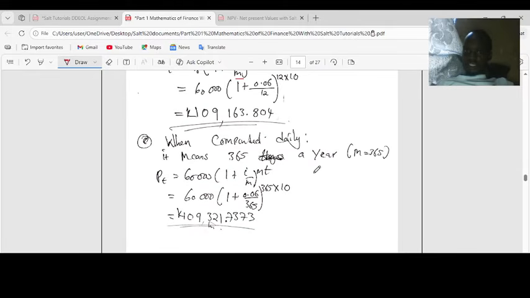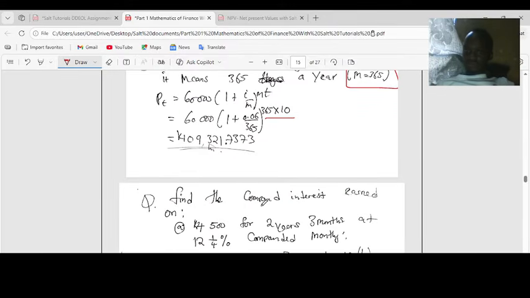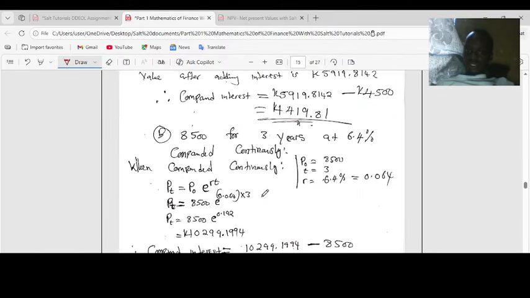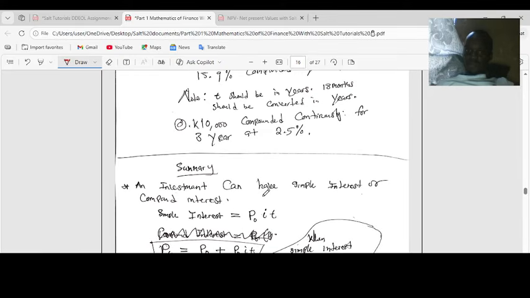Do your calculations there. When it is compounded daily, M this time around is going to be equal to 365 times. So it will be 365 multiplied by 10 as the power, and 0.06 divided by 365. That's what we are talking about there.